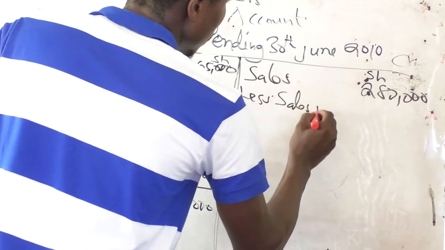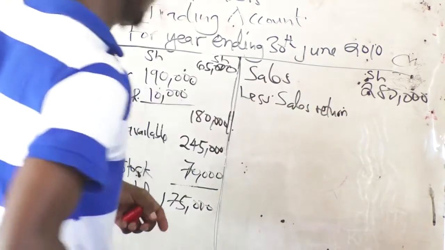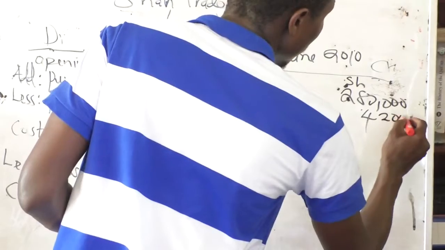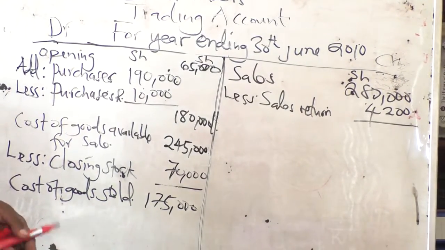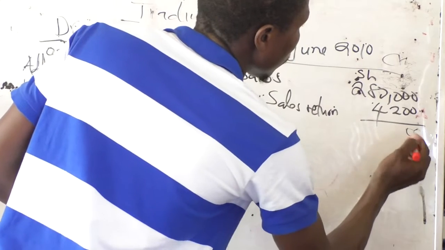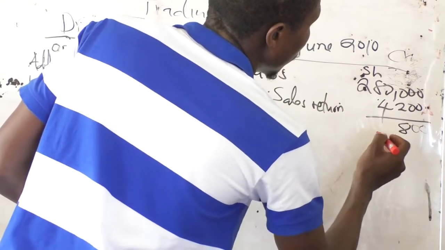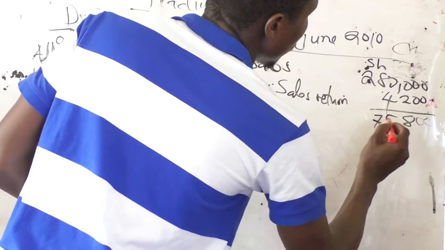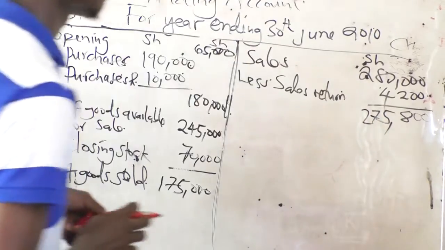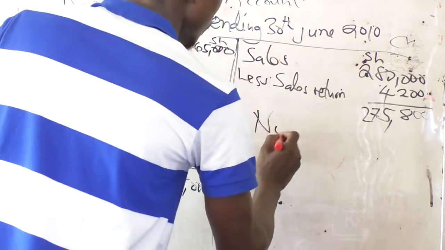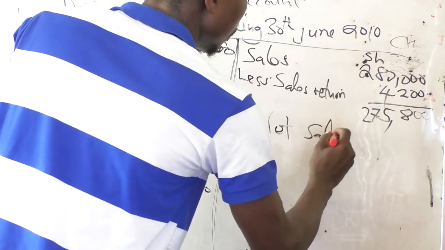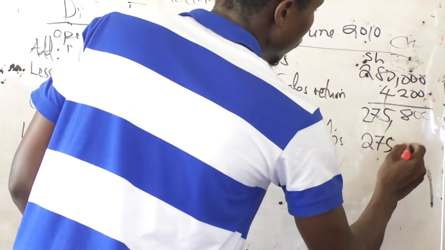Sales return there was 4,200. If you subtract that one from there, we have 275,800. So this is the net sales. My sale is 275,800.